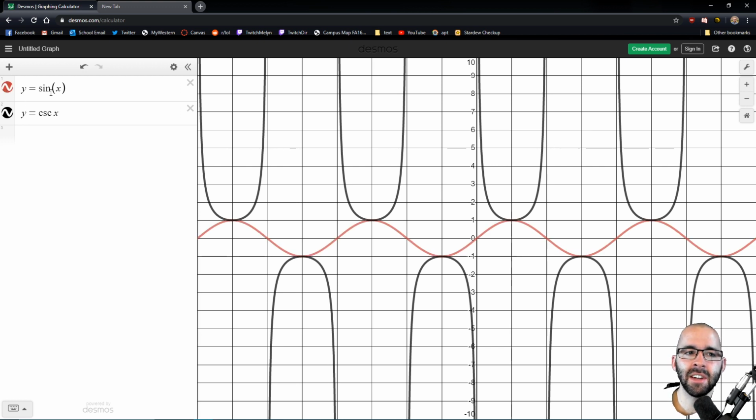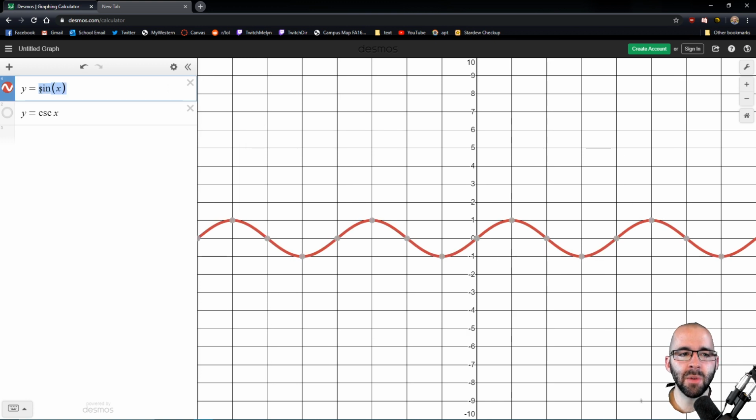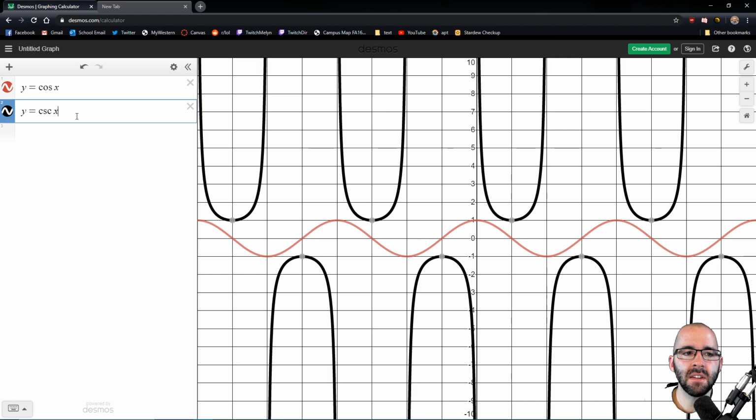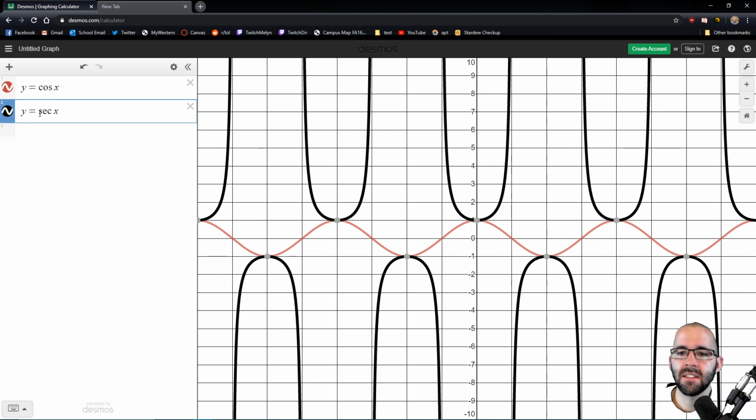All right, and similarly, we have a very similar story with cosine and secant. The reciprocal of cosine of x is secant of x. And you might say, isn't this the same picture? It's almost the same picture, right? Sine and cosine are essentially the same graph, just shifted over. So it makes sense that secant and cosecant would essentially be the same graph, just shifted over as well.